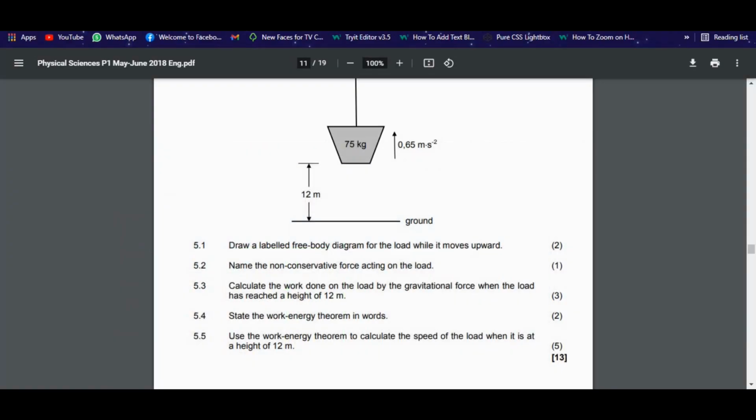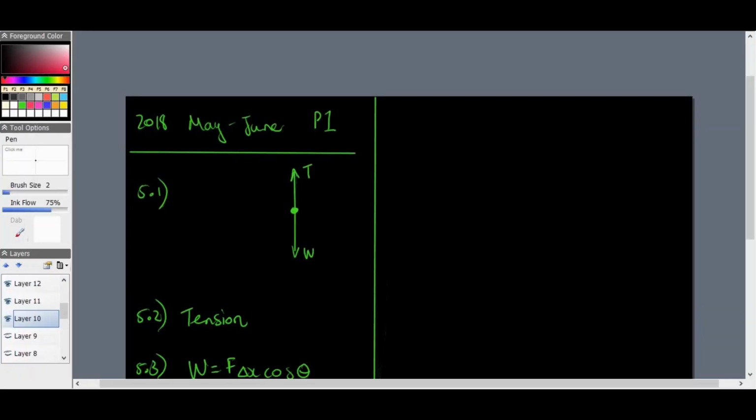Use the work energy theorem to calculate the speed of the load when it is at the height of 12 meters. Okay, so we begin. W net is equal to the change in EK. So W net, of course, we have the work done by tension plus the work done by the force of gravity, which is equal to the change in EK.